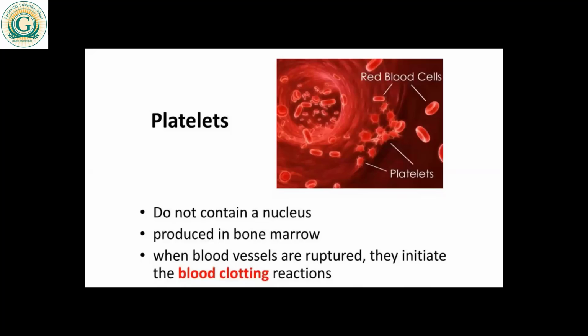So the cells would aggregate at the site of disruption, and then it will call for more platelets at the area. And then we also have the other clotting factors at the end, forming a fibrin. A fibrin is like a mesh that is formed at the wound where there's an opening to stop blood from leaving the blood vessel to the surroundings.